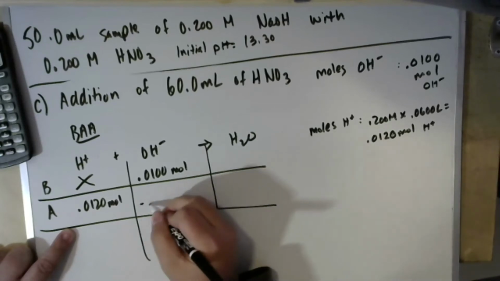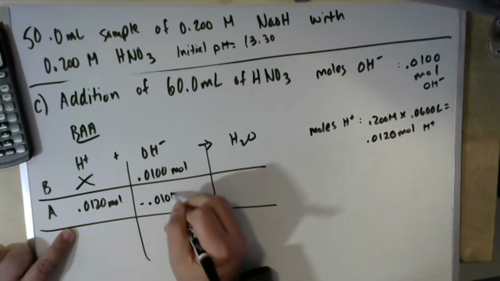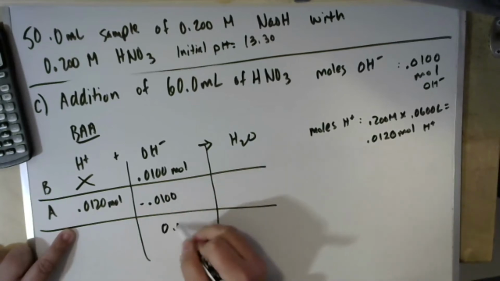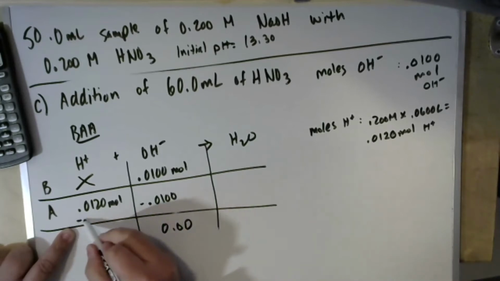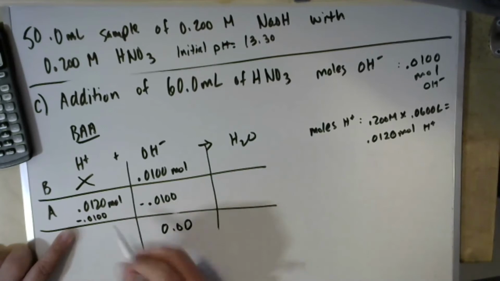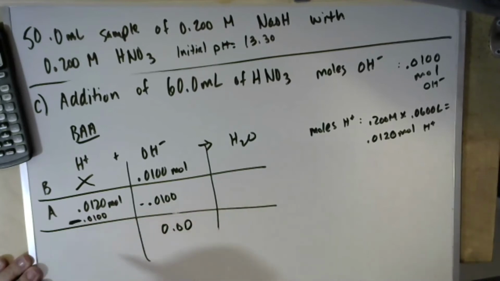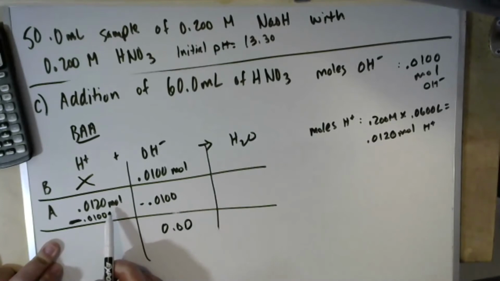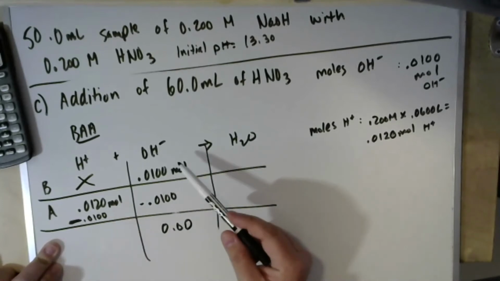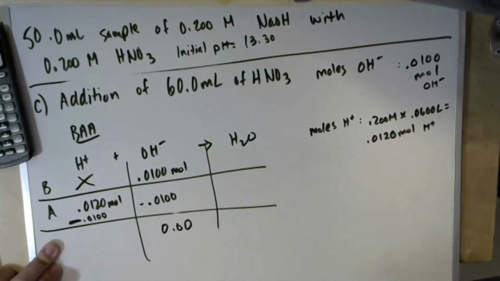Gone. It also means that that's how much acid I'm going to end up reacting. And I'm going to have leftover hydrogen ions and no leftover hydroxide ions, because I added more hydrogen ions than the hydroxide ions I already had.